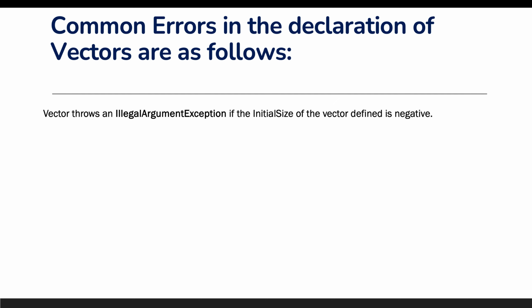If we try to provide a negative initial size, it is going to throw an error like illegal argument exception. Next, if the specified collection is null: let's say we want to create the vector by providing some collection, which is also possible in vector object creation. If that collection is null, in that case it is going to throw a null pointer exception.